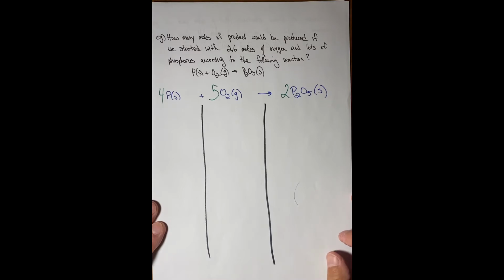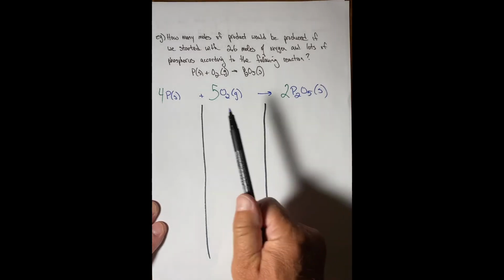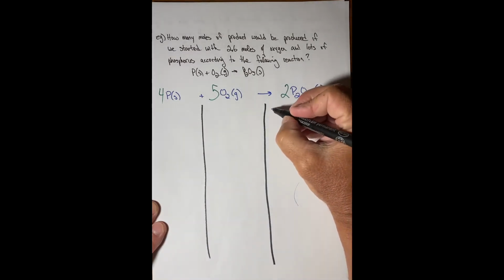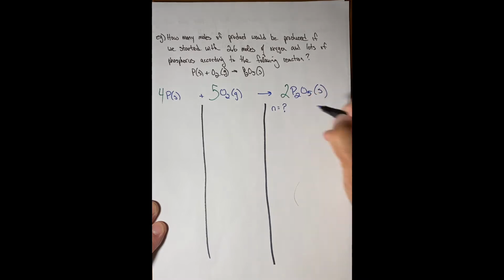Now, what I'm going to do is go through, read the question, and then put down all my givens or what I'm asked to solve for. So right away, you're going to see that I'm asked to solve for the moles of the product. So moles is little n. Now this is going back to section 7, okay?